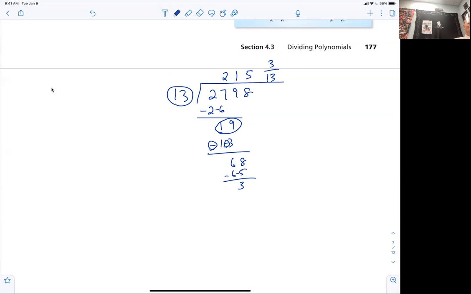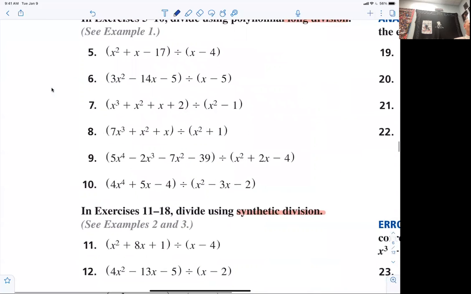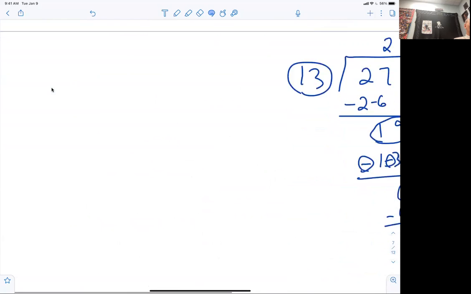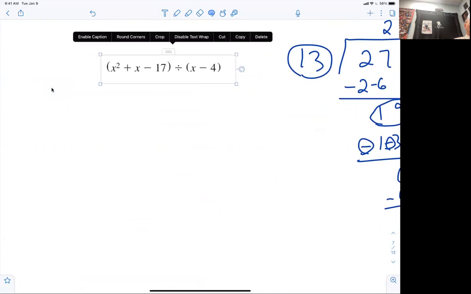Well, obviously now, there's going to come a time where you're just dividing a trinomial by a binomial. So here's how we're going to do that. And again, it's very simple.